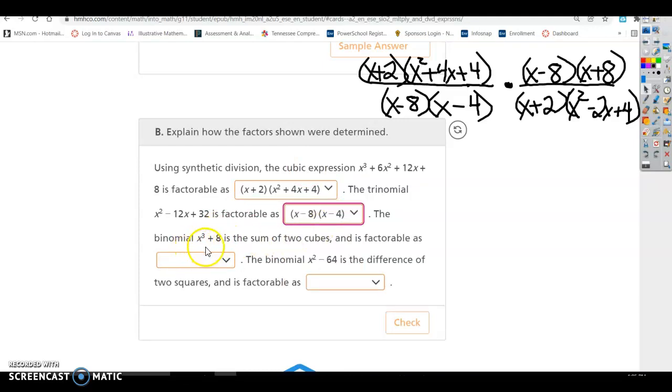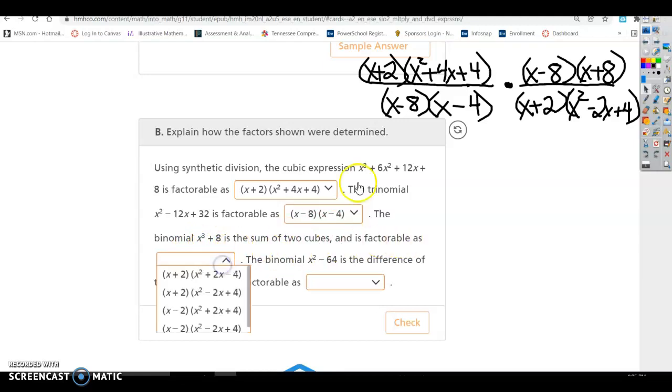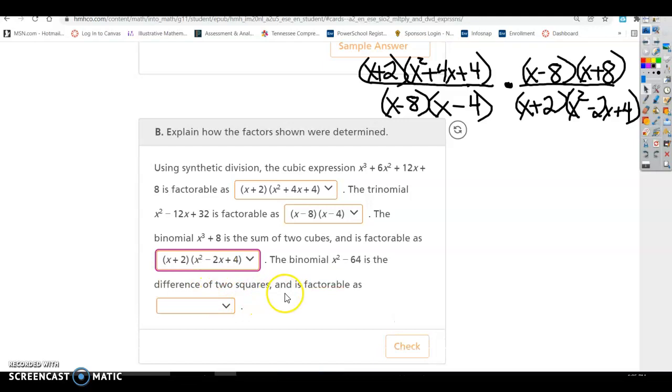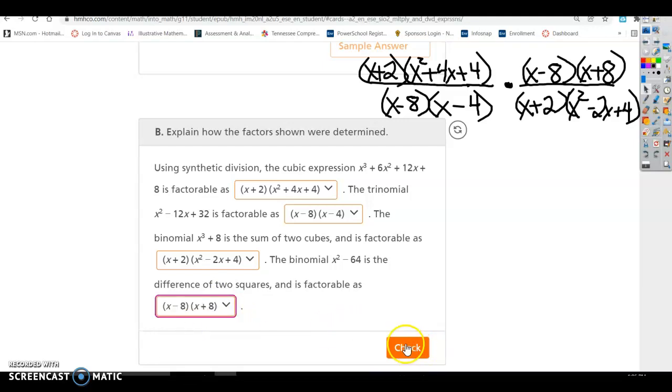And the sum of cubes we factored as x plus 2, and then x squared minus 2x plus 4. And then we had the difference of squares as two binomials with different signs. So x plus and minus 8.